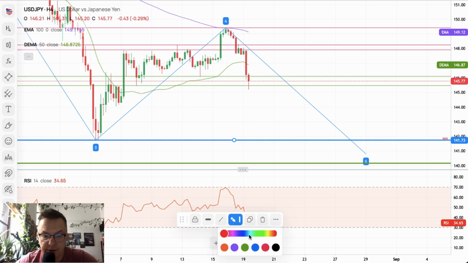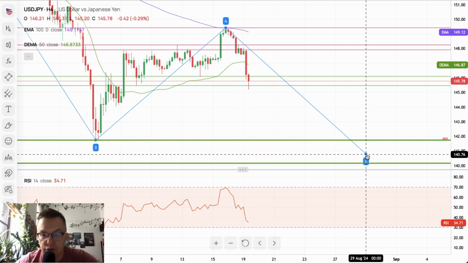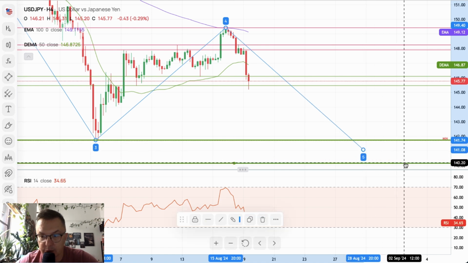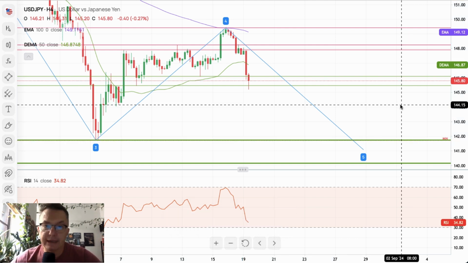Let me just mark that this is a very significant level, and extend the drop towards this zone here. As you can see, the zone located between 140.20 and 141.73, and then we should see some sort of correction to the upside.